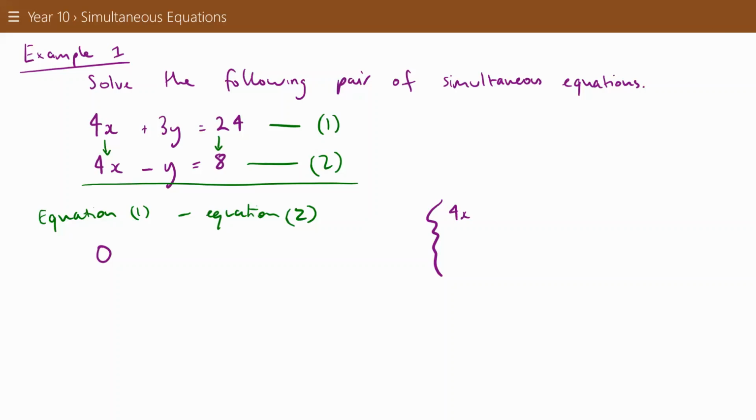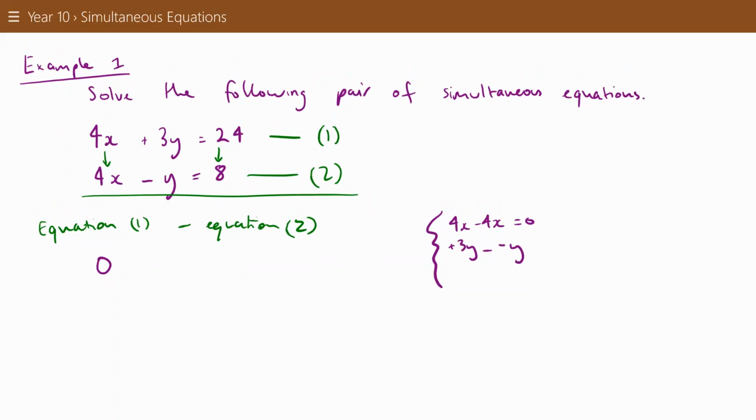I say, well, 4x minus 4x was 0, so that's eliminated. Then this is plus 3y minus y, because that minus was already there. So I'm minusing the equation, so plus 3y minus y.